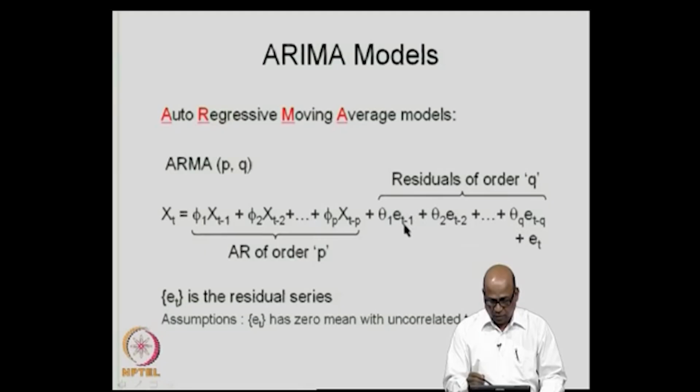Now, notice that E t minus 1, E t minus 2 etcetera up to E t minus q is what you have written for x t. So, when you go to x t plus 1 for the next term, this E t gets into the MA terms here, and then you will have a term of E t plus 1. When we do the numerical example, it will be clear how we account for the residuals in the moving average terms.